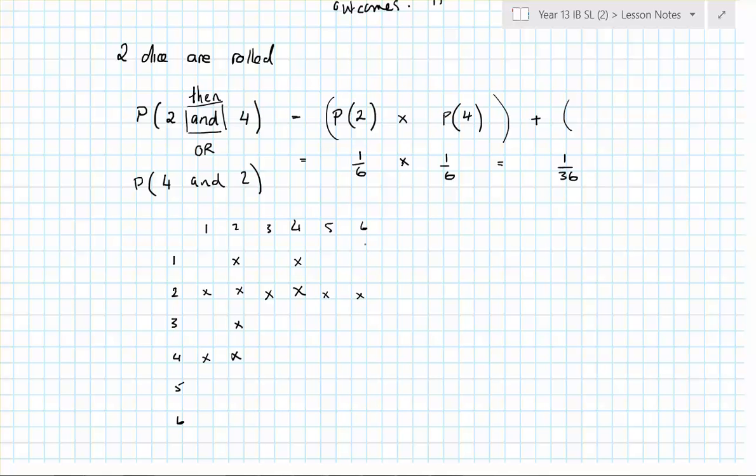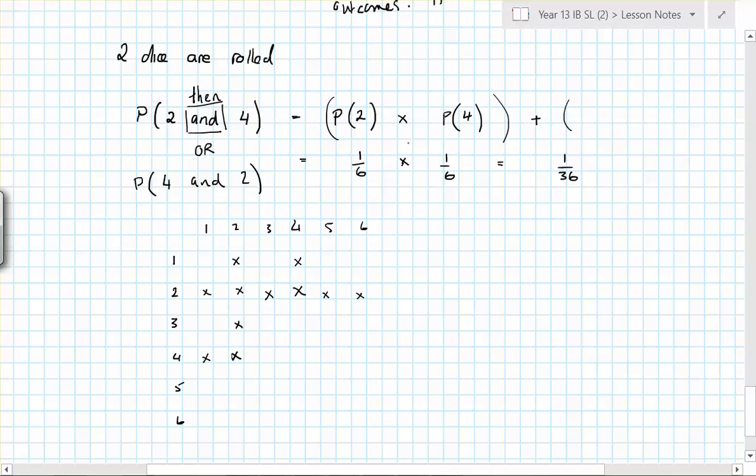If I said to you, what was the probability of getting 2 numbers the same? Six out of 36, because it's a 1 and a 1, or a 2 and a 2, or a 3 and a 3, and so on. So you do 1 out of 36 plus 1 out of 36.